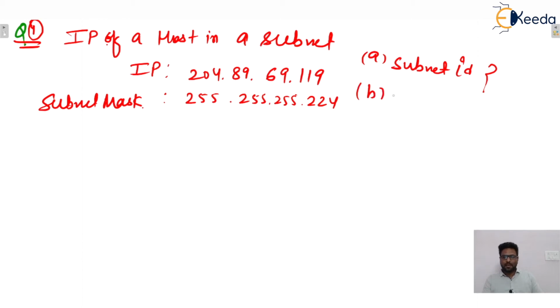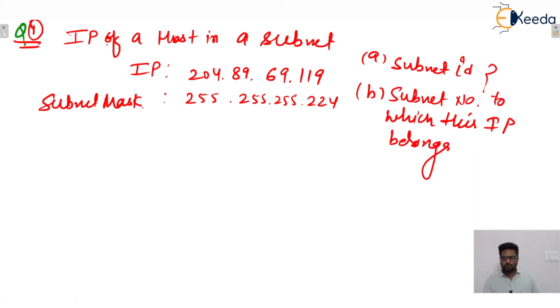And the second one is, what is the subnet number to which this IP belongs? So what will be the subnet ID for which this host belongs, and what will be the subnet number to which this IP belongs? That is the question.